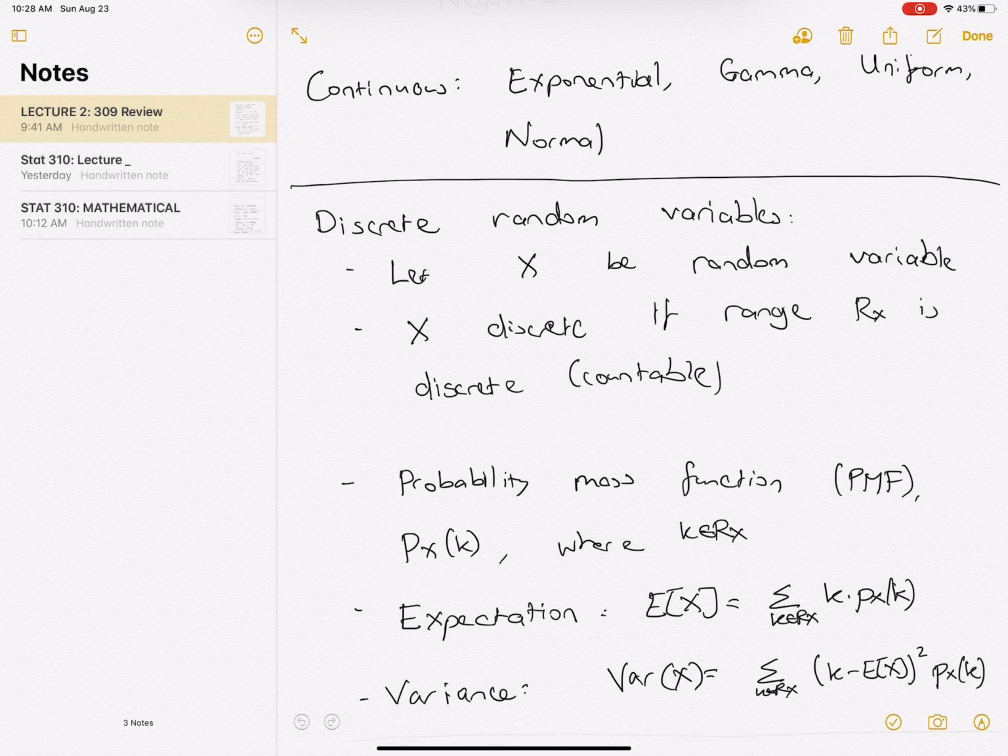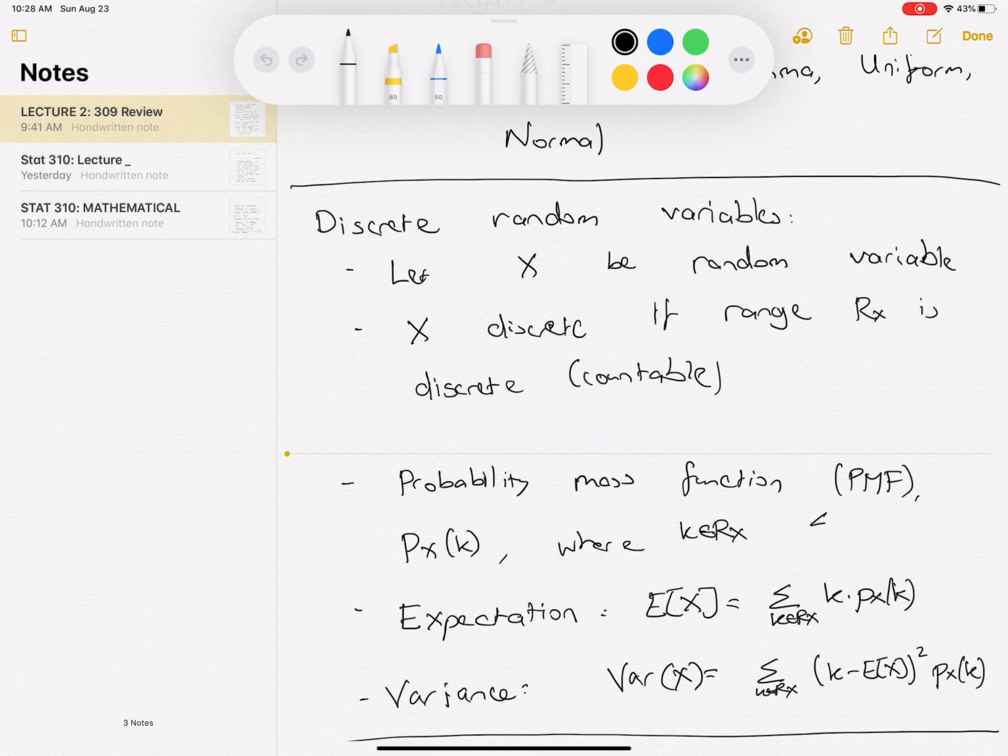It could be any integer, but it can't be some uncountable continuous range. A discrete random variable is defined by its probability mass function. This is a function that takes in some value of the range, and then spits out a number between 0 and 1 that indicates a probability. So the sum over the range is equal to 1.